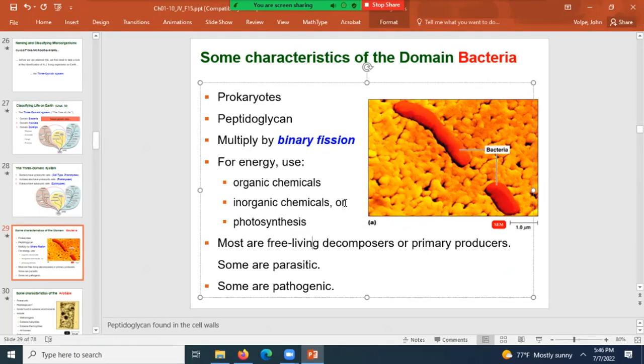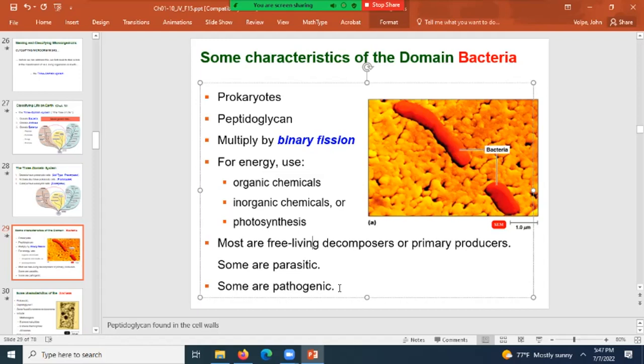They don't live on and off of something to decompose the person, for example, or a primary producer. But there are some members of the domain bacteria which are parasitic, meaning they're living off of another organism, doing harm to that organism. And then some members of the domain bacteria are pathogenic, meaning they are capable of causing disease.